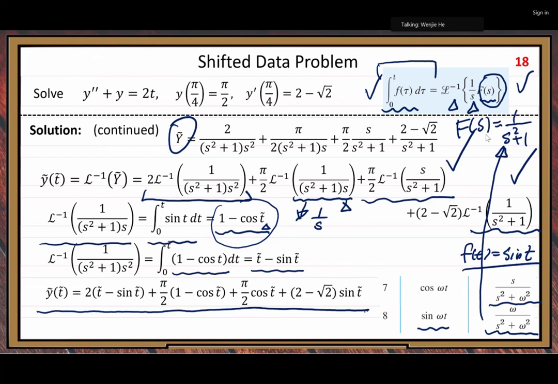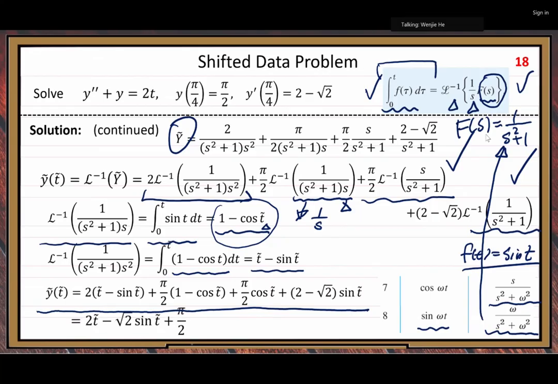Because after we do the shift, we need to inverse that shift. After we shift to the right by plus pi over 4, we should shift back to the original location. So let's shift back.